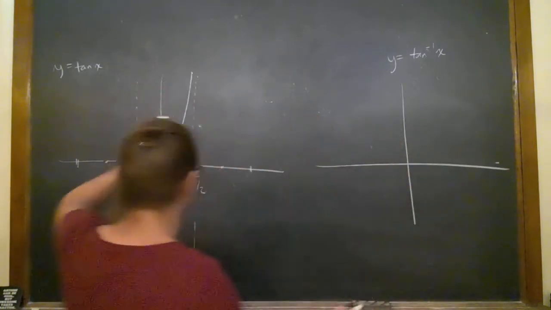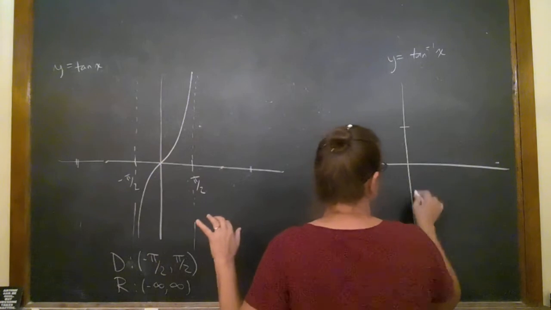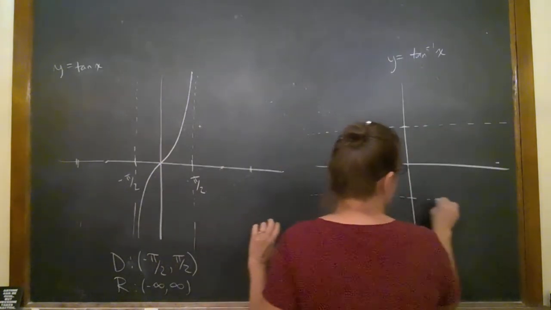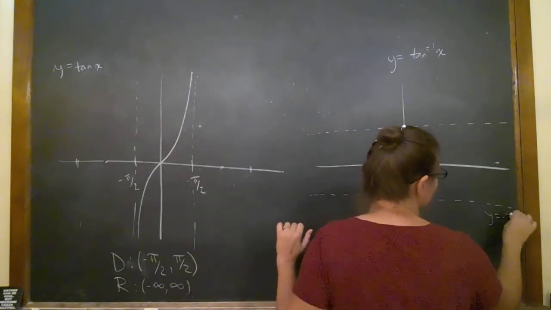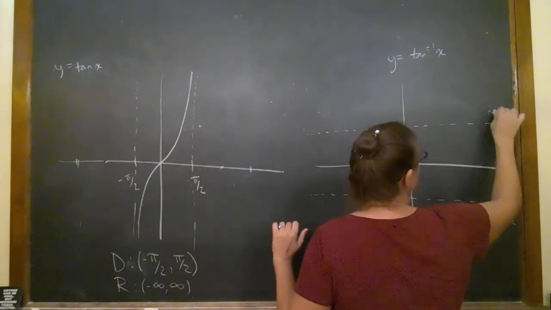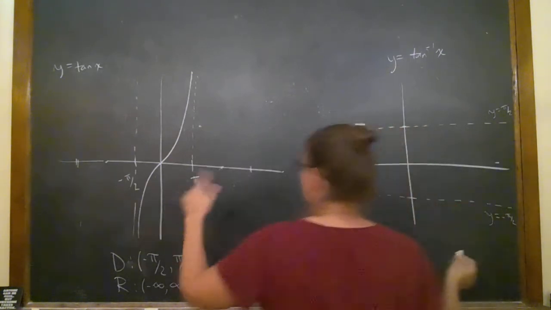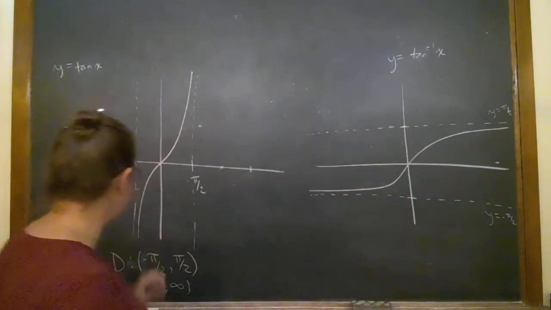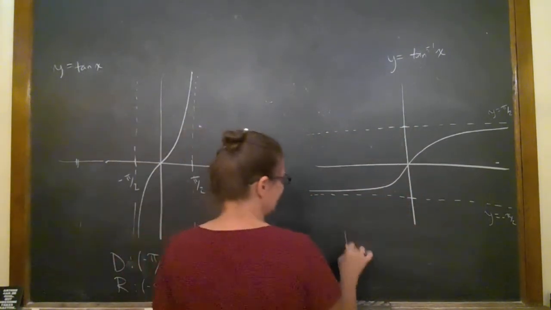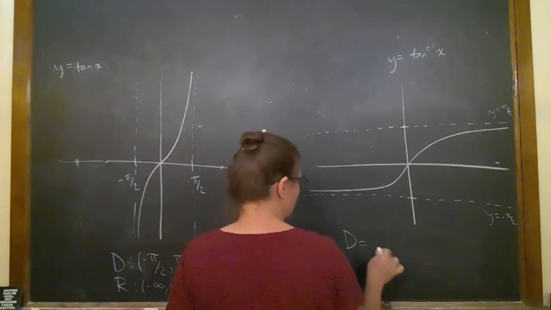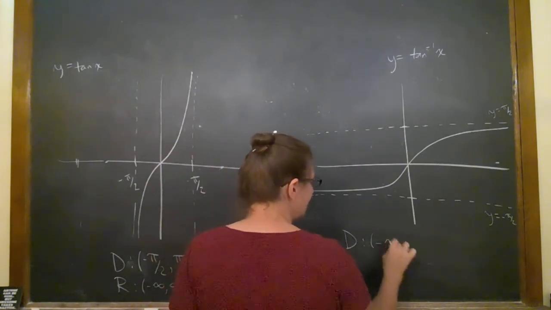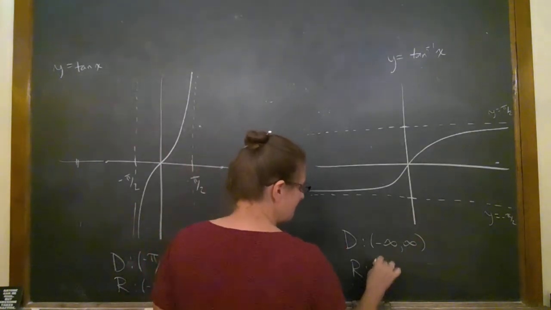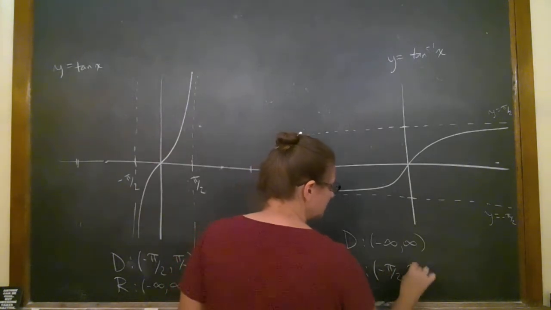These vertical asymptotes at -pi/2 and pi/2 become horizontal asymptotes. So this is -pi/2 and pi/2. And this guy just does this. Okay. Has a very nice domain, right? Because this is now defined everywhere. And this is very nicely bounded, right? It's bounded between -pi/2 and pi/2.